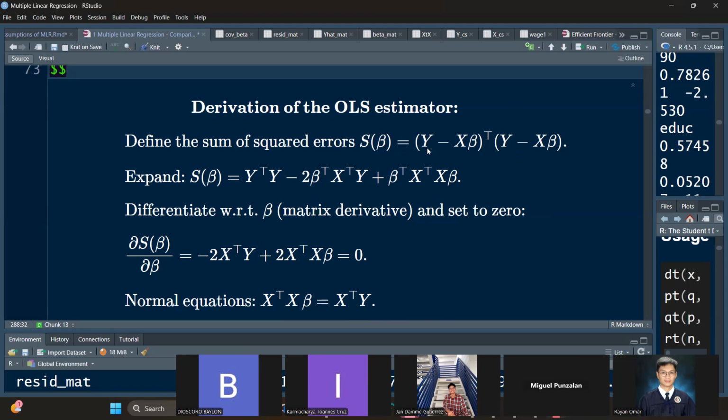By getting the transpose of the first one and multiplying it by this one, you're actually getting the square of the difference between the actual value and your predicted value. This times this will only be possible if the first one is transposed. So this will now give you your epsilon squared.